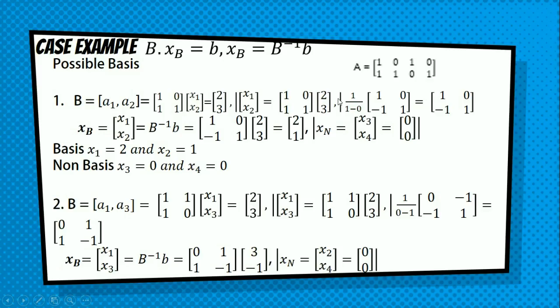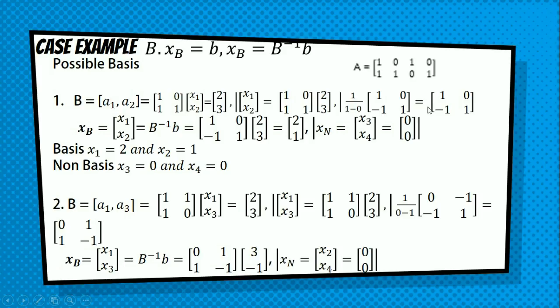We need the formula of the inverse itself: 1 per determinant times the adjoint. You switch the diagonal and multiply the other entries by minus, so this becomes minus 1 and 0.